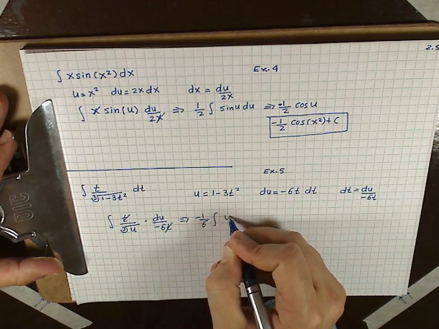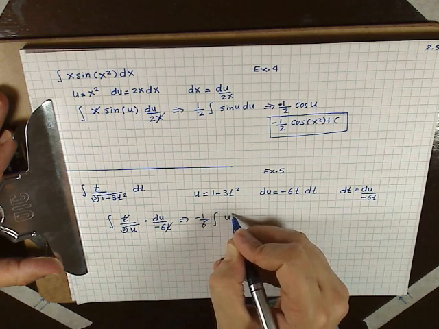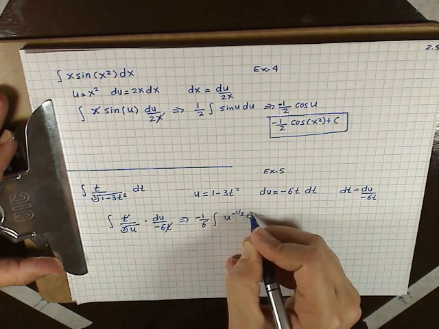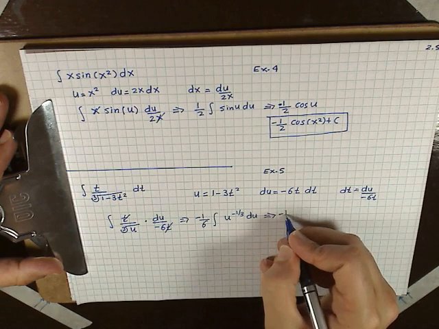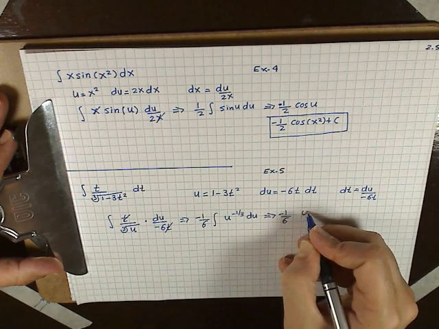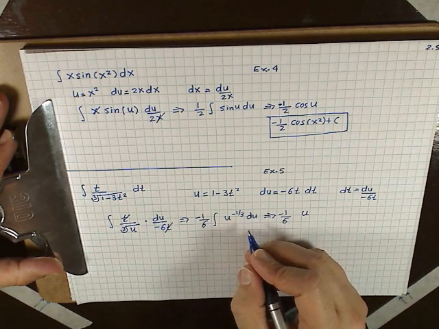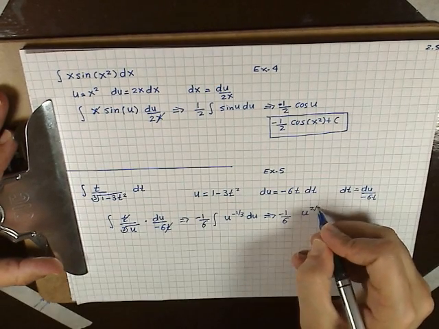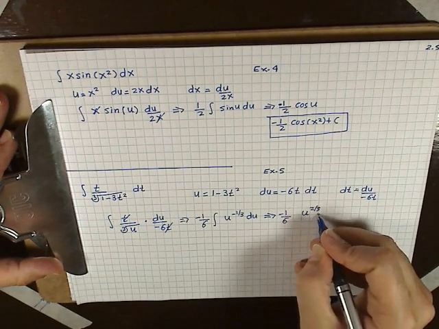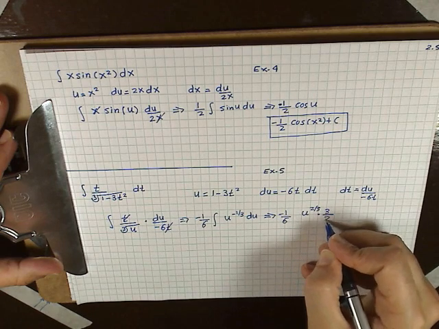Integral, write this as an exponent, u to the negative 1/3 du. Now apply the reverse of the power rule, negative 1 over 6, u to the negative 1/3 plus 1, and that's going to be 2/3. Divide by 2/3, that's the same as multiplying by 3/2.